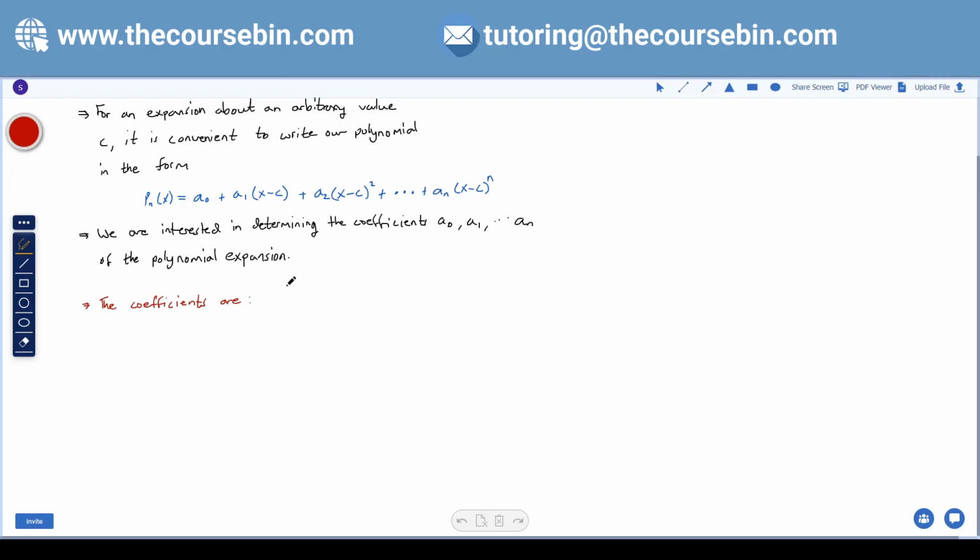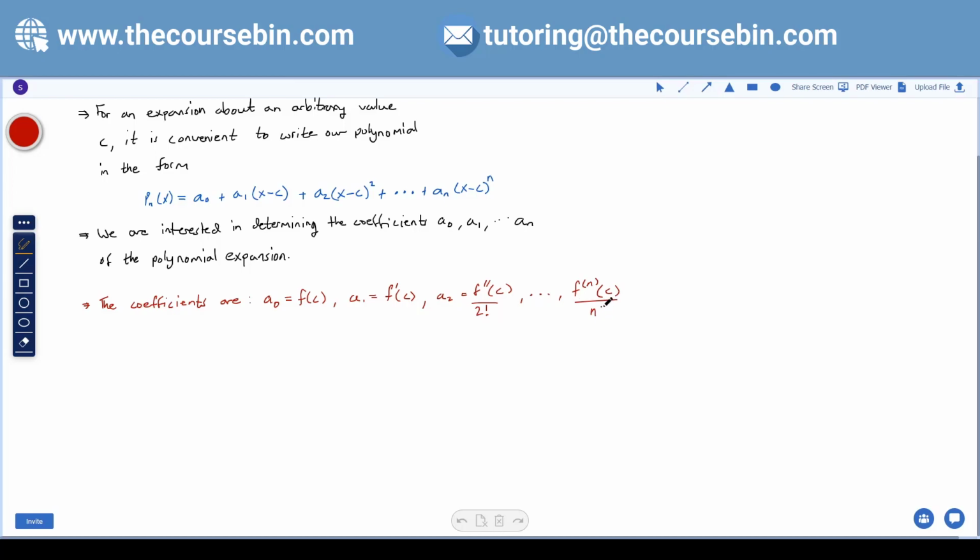Right, so our coefficients turn out to be a naught equals f of c, a1 equals f prime of c, a2 equals f double prime of c divided by 2 factorial. Right, and for the nth degree, we have the nth derivative at c divided by n factorial.